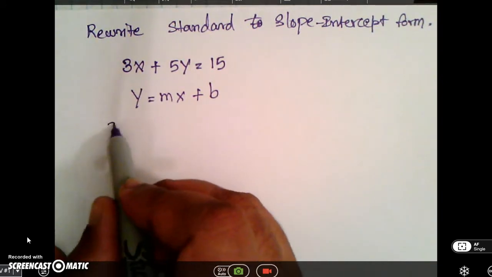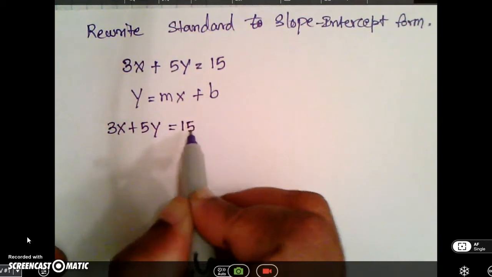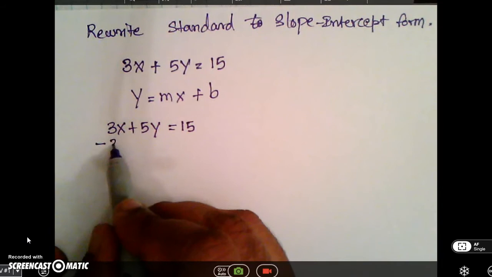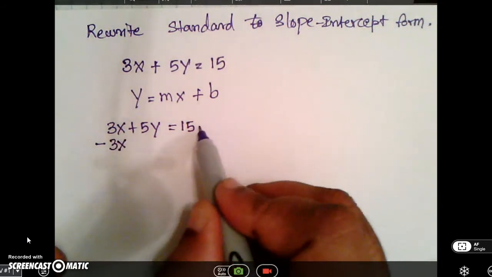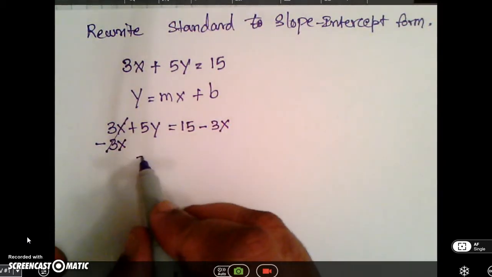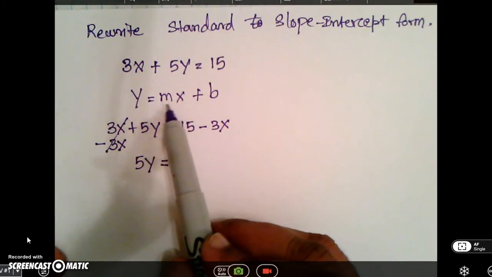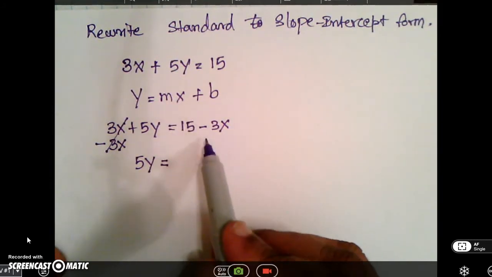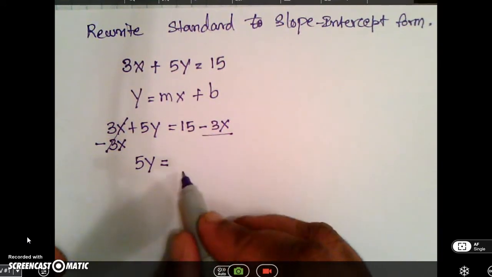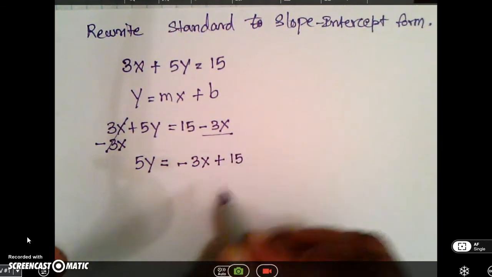So I have my 3x plus 5y equal to 15. I want to move the x away from y, so I'm going to move the whole thing, minus 3x. So this is gone. So I have 5y equal to, see, I want to have the mx up front, so I'm having that mx right there. I want to keep it up front, so this will be minus 3x plus 15.